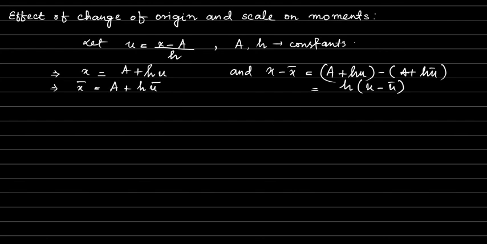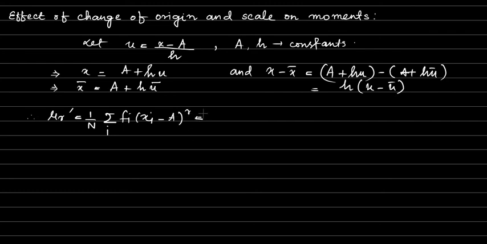So mu r dash is equal to 1 by n summation over i fi into xi minus a whole to the power r.